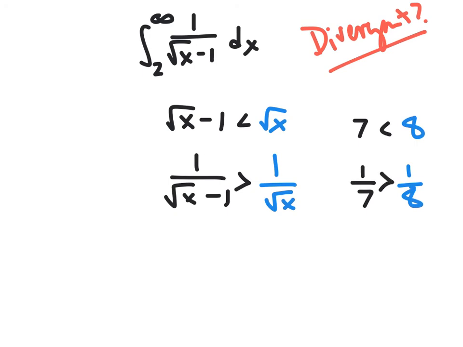Okay, so what does that mean for my comparison test? Well, that means that I know a function that's divergent that's less than my unknown function.